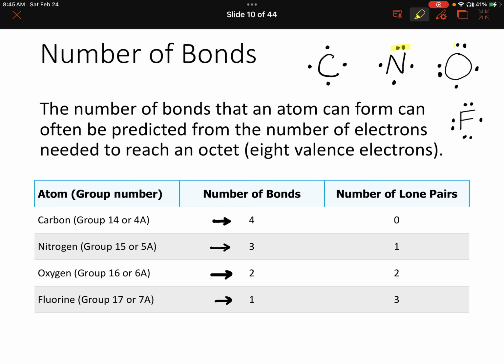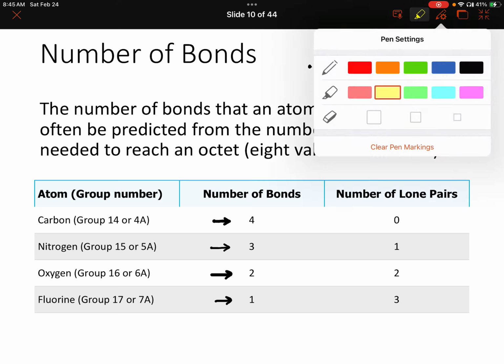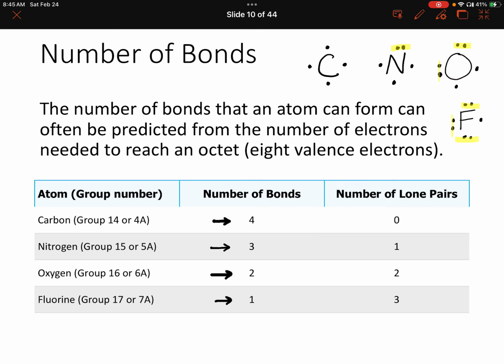Oxygen has 2, and fluorine has 3. So we can see that down below in the last column of the table too. So now that we can see how many bonds each atom can make, or how many covalent bonds they can make, we can now start to predict what molecules will look like.